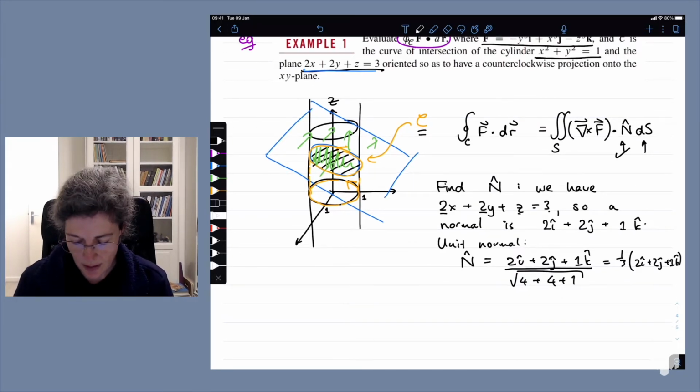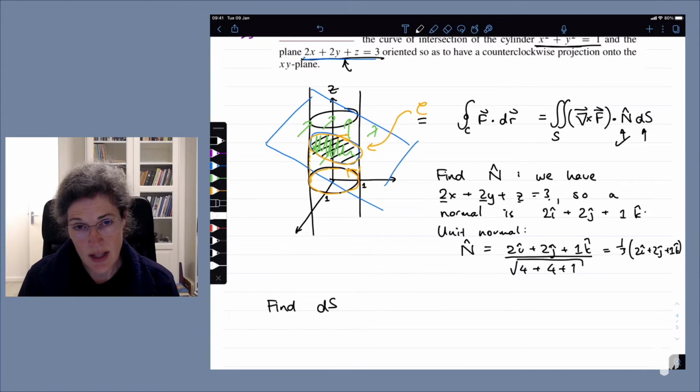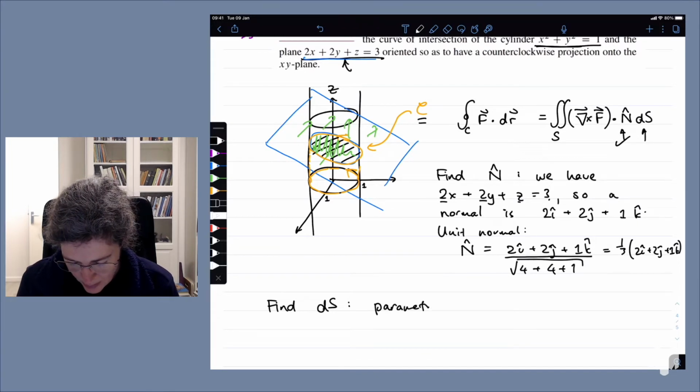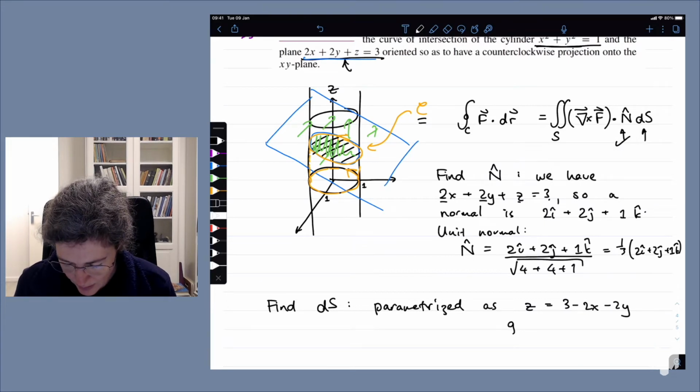Now we need to find our dS. So this is the scalar dS. So we want to think about our surface as being parameterized as z is equal to 3 minus 2x minus 2y. So we're thinking of this as a g of x, y, 3 minus 2x minus 2y.